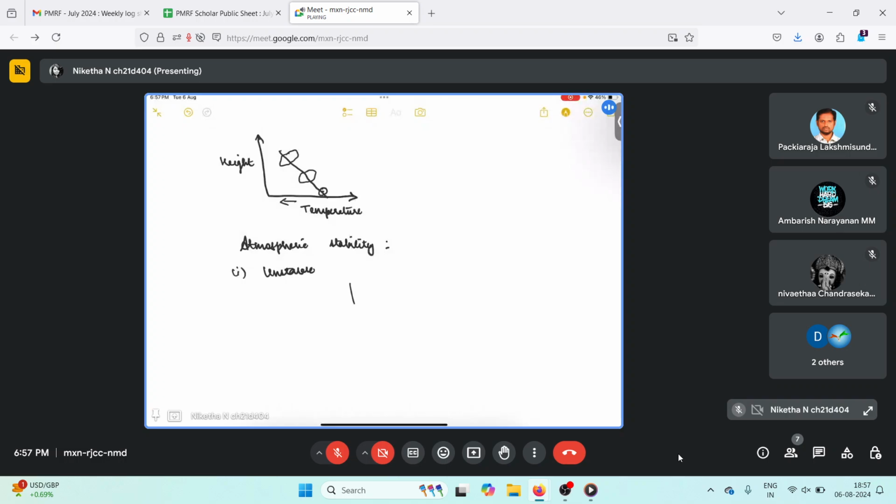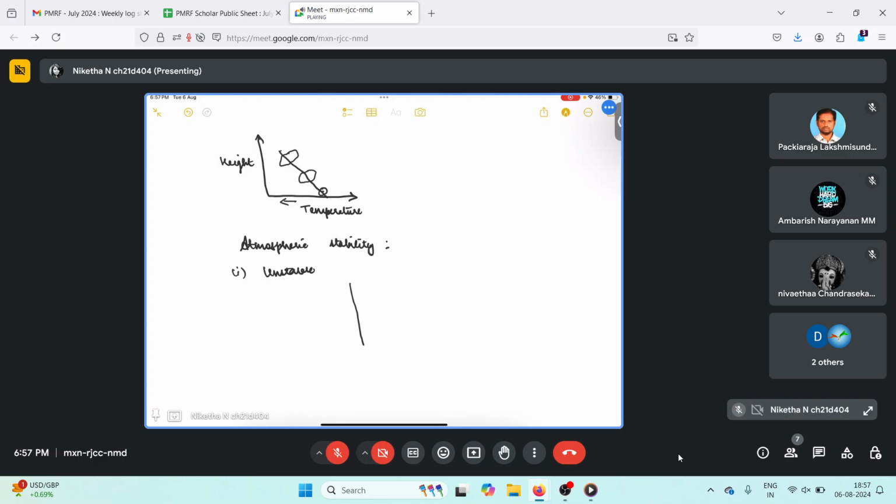So imagine here, you have something like this, a variation of temperature with respect to height. And this is your environmental lapse rate. So lapse rate is usually denoted by this gamma.